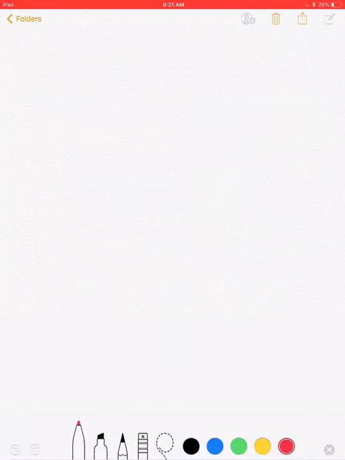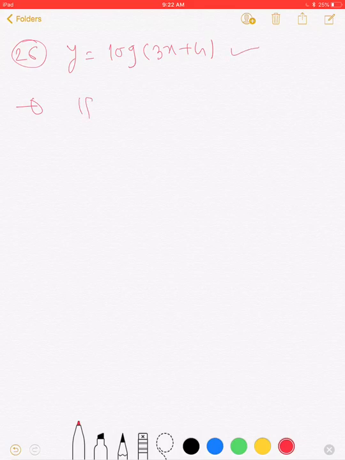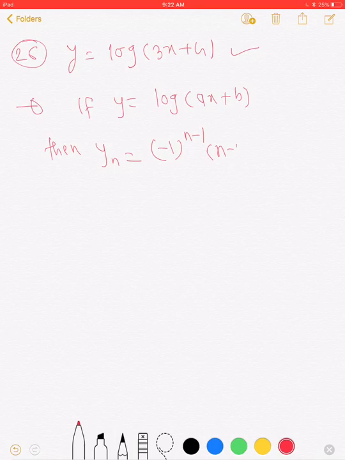Next question, that is question number 26. In question number 26 we have to find the nth derivative of log of 3x plus 4. It is given that this is the y function. We know that if y is equal to log of ax plus b, then its nth derivative yn is minus 1 raised to the n minus 1 into n minus 1 factorial into a raised to the n upon ax plus b raised to the n.